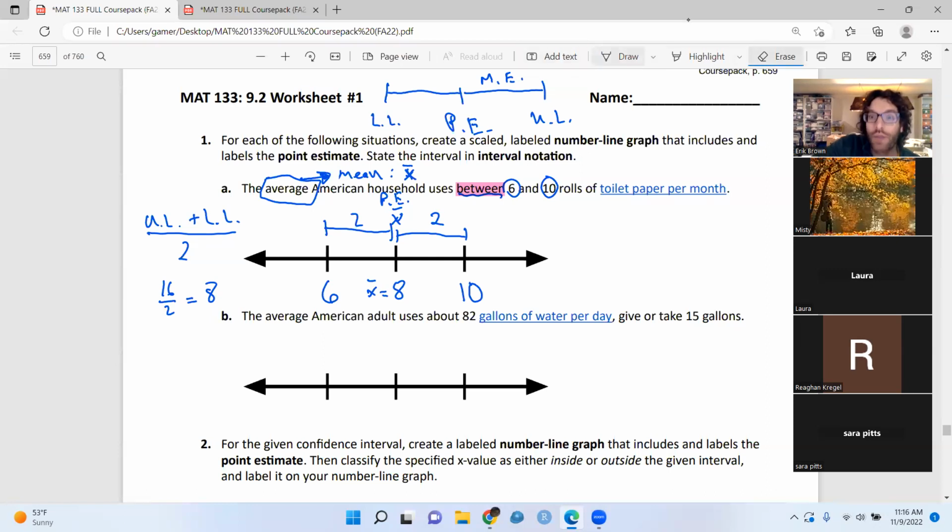Okay, how would we write this in interval notation? This is what we mean by interval notation. So it would be 6, comma 10, because the lower limit's on the left and the upper limit's on the right. Now, can you all tell me what that 6, comma 10 means?